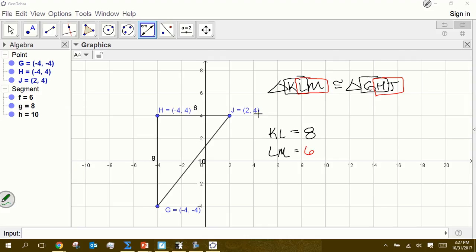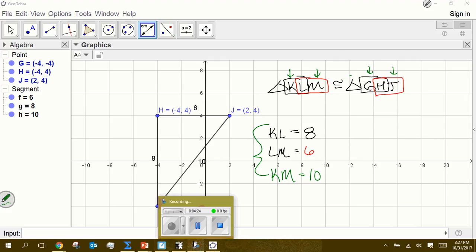The final part is to find KM, the first and last letters. Over here that's the first letter G and the last letter J. GJ was 10, so KM is 10. Now I've got those three distances they're asking for without knowing K's ordered pair, L's ordered pair, or M's ordered pair. Hopefully that helps. We can talk about this a little more in class tomorrow if we need to.